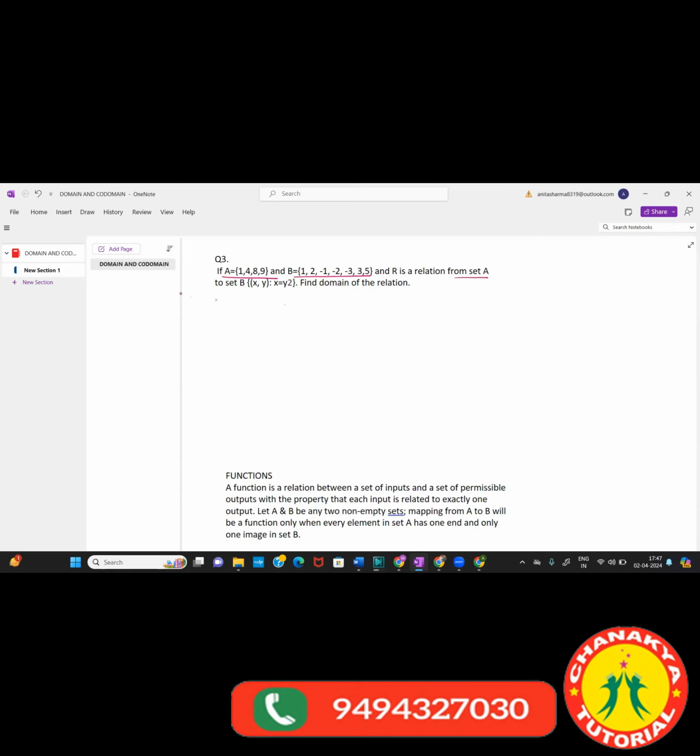So we know, as I have told you in a previous question also, that the domain of a relation is the set from which the relation is defined.